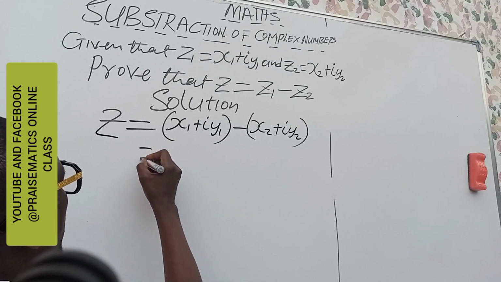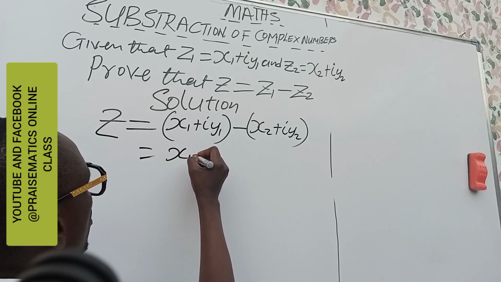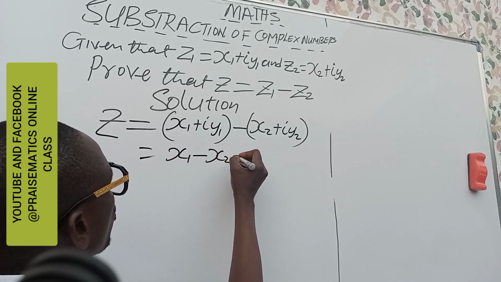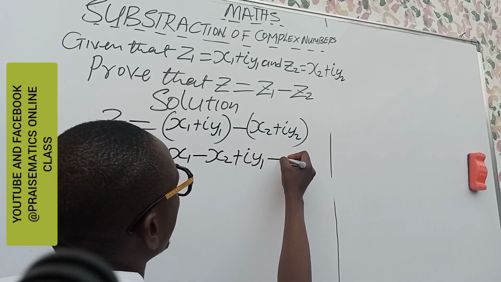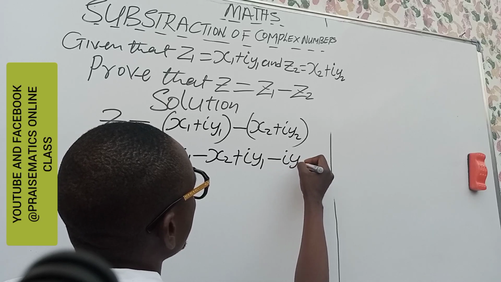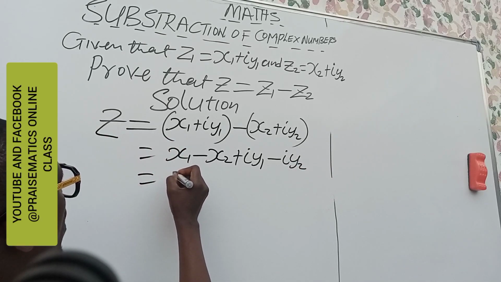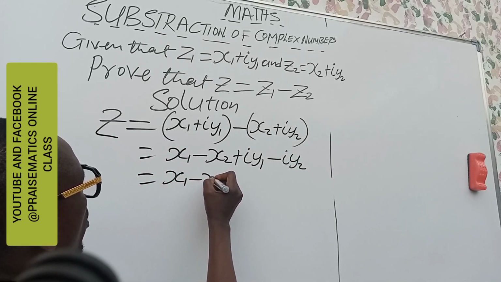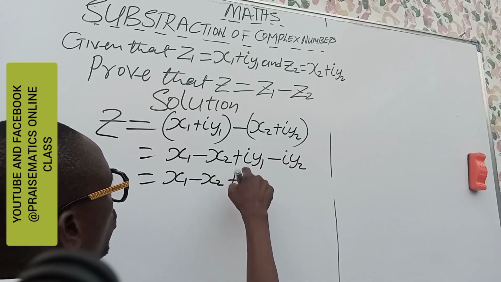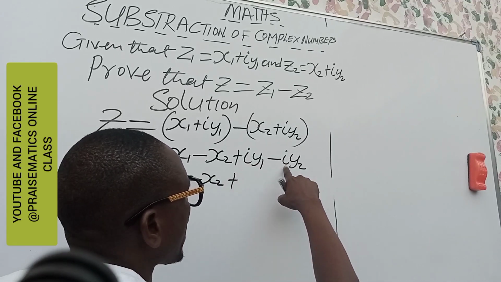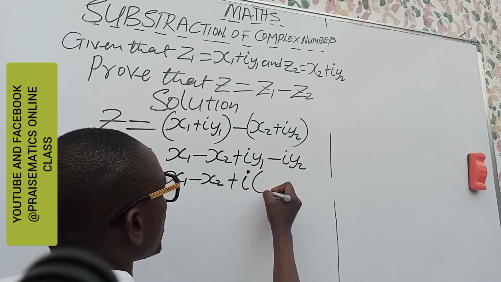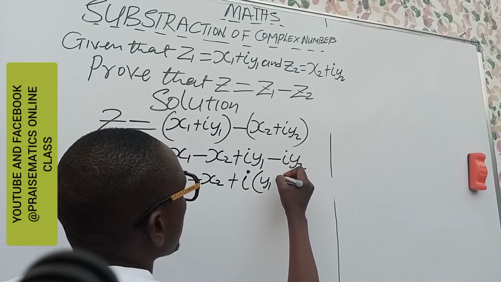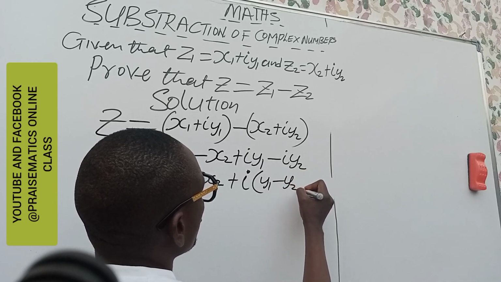That is, what do we have? We have x1 minus x2 plus iy1 minus iy2. Finally, we have x1 minus x2 plus, since we have i here and i here, we factor one i out, i times y1 minus y2.